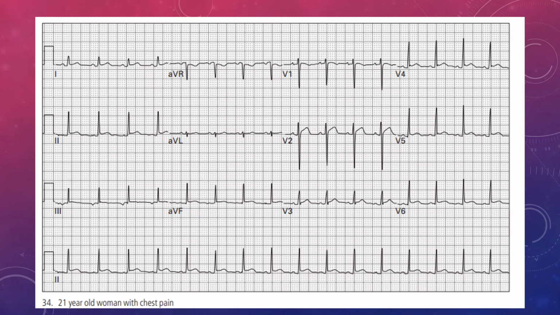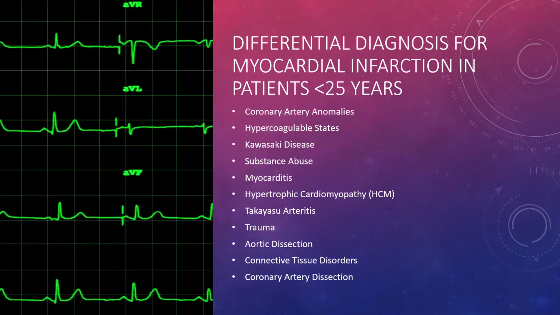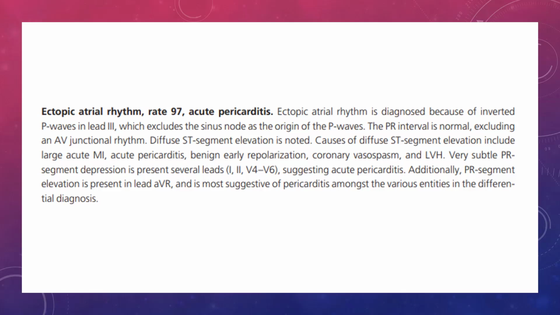So the safest thing to do is treat the patient as though they may have an infarct, but in the meantime, check for pericarditis. And the easiest way to check for pericarditis is actually to get your patient to lean forward and lean backwards. And generally, when they lean forward, you'll find that their pain is relieved. And when they lean backwards, their pain is aggravated. But we'll go through that in a little while.